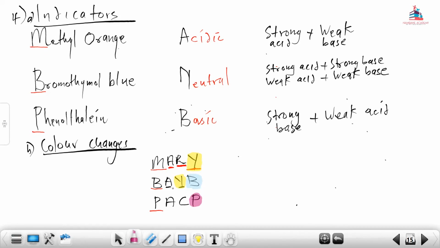In a neutral solution, what's that? In a neutral solution, remember, it's going to be a reaction between a strong acid and a strong base. That will result in a neutral solution.